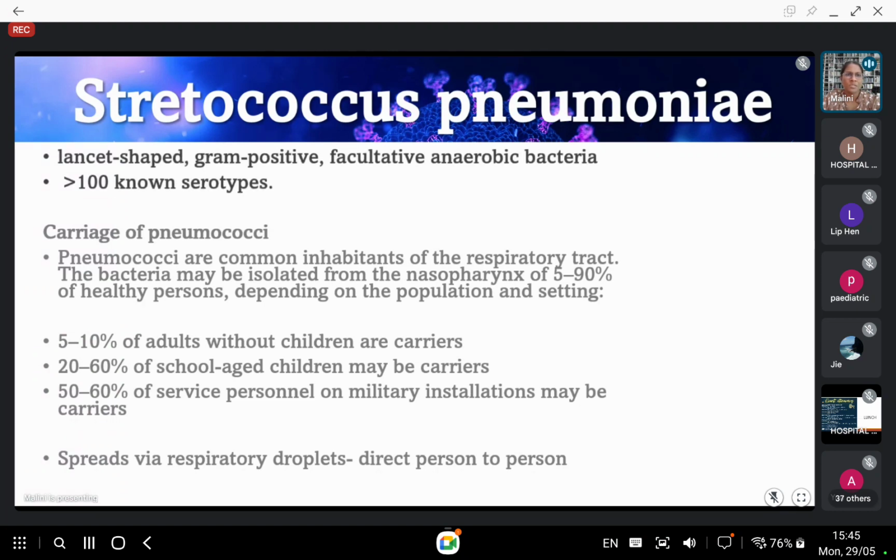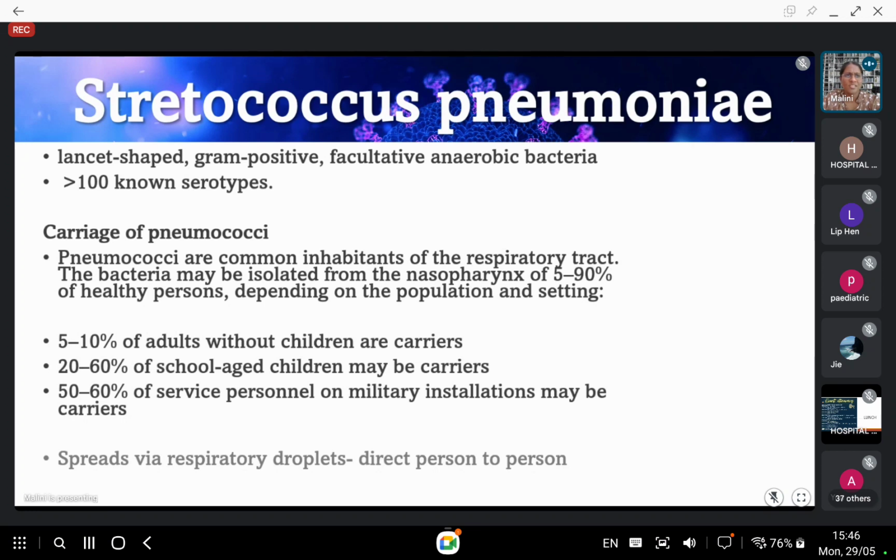It's a gram-positive organism, and there are more than 100 known serotypes. It inhabits our respiratory tract, mainly the nasopharynx of a healthy person.